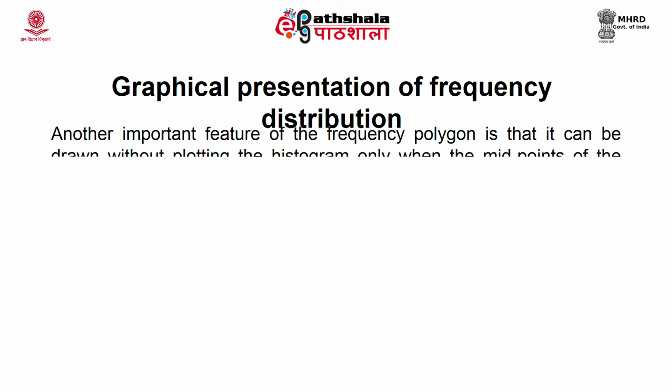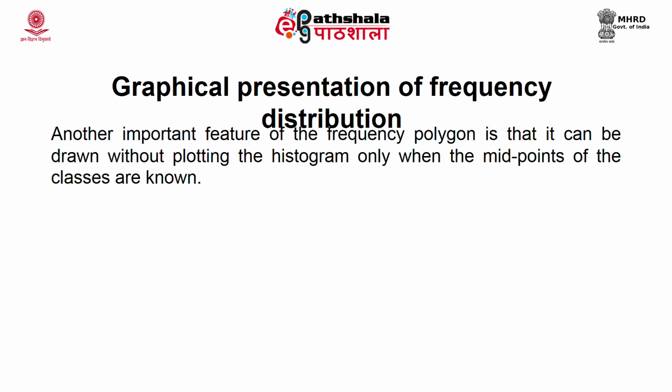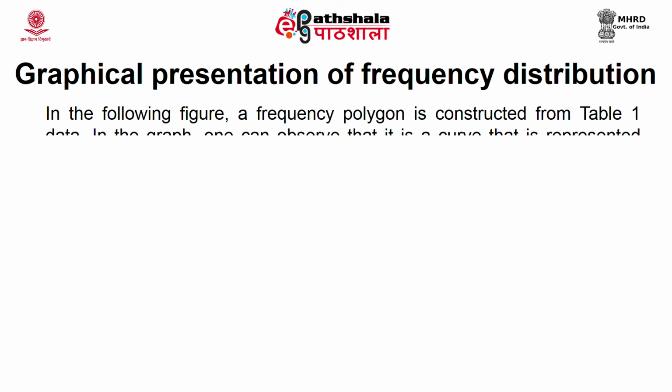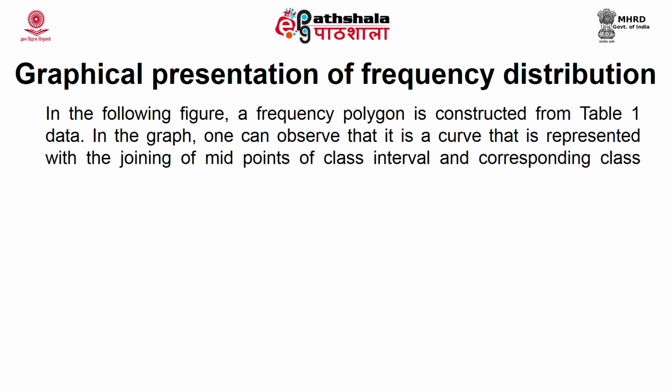Another important feature of the frequency polygon is that it can be drawn without plotting the histogram only when the midpoints of the classes are known. In the following figure, a frequency polygon is constructed from table 1 data.